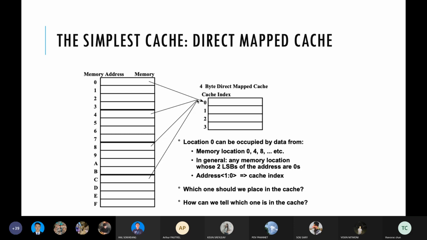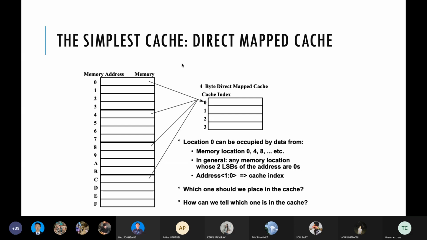When we talk about the architecture, it means: what is the data located inside the cache? How do you store the data inside the cache? What is the address inside the cache? And what is the address format of the data inside the cache?